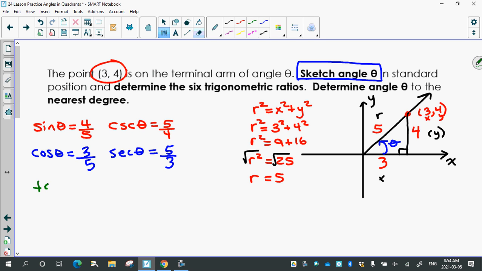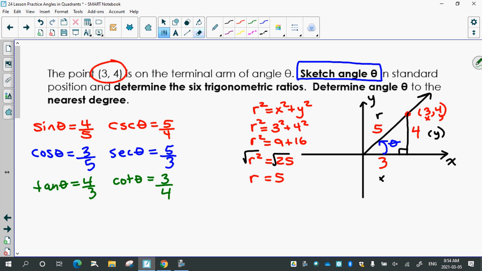So tan theta is the y value divided by the x value, so 4 over 3. And then the cotangent of angle theta is going to be 3 over 4. Everybody good for that? So this would probably be 3 marks, this would be 6 marks, okay?